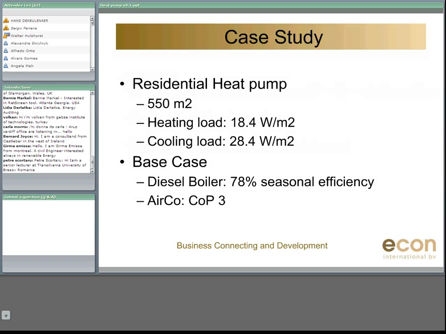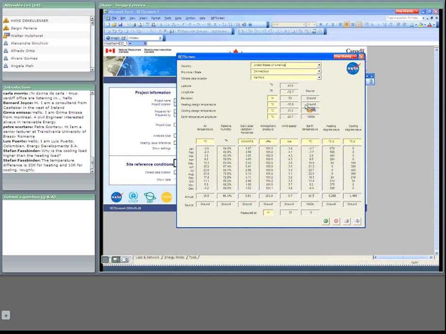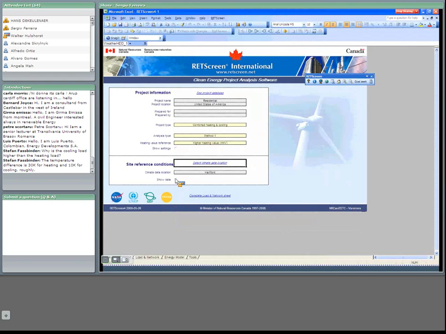An important point is that you can select your climate data location. You just click here and you'll have the opportunity to select the country, province, and the location of the climate data that you want. Just click OK, and you'll have this data in your model.